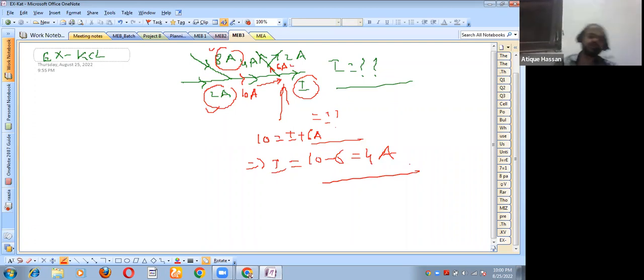How are we getting 4 ampere? Alright, so this was Kirchhoff junction law and how to solve a question based on the junction law.